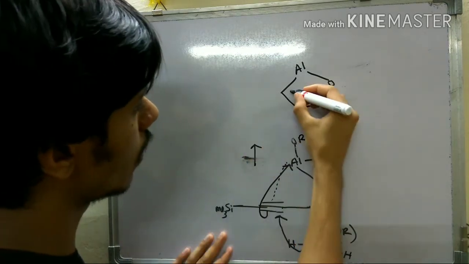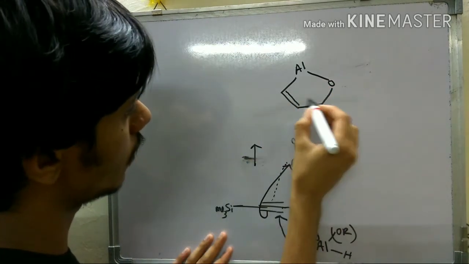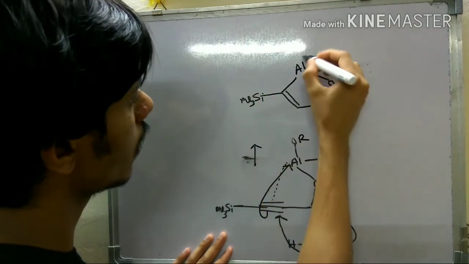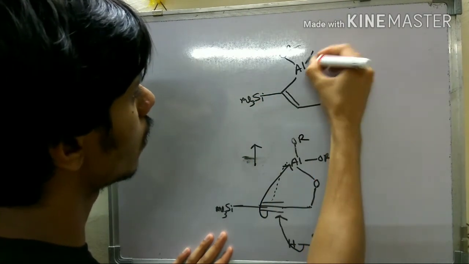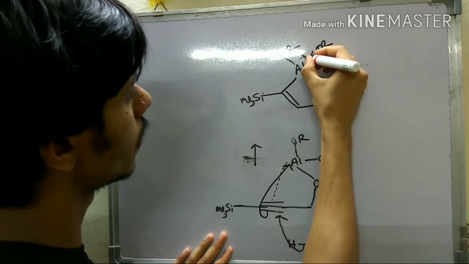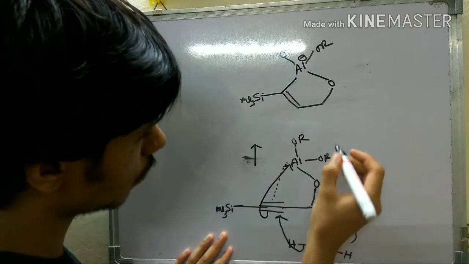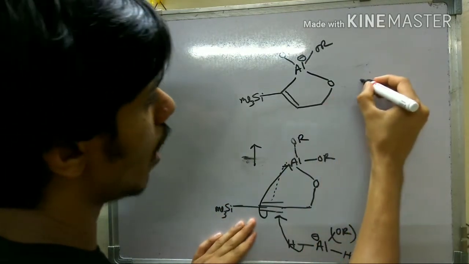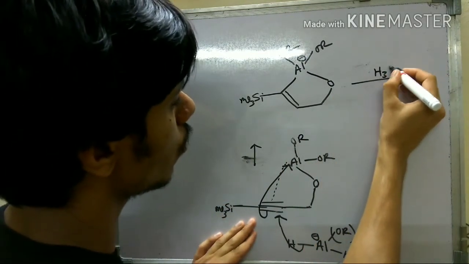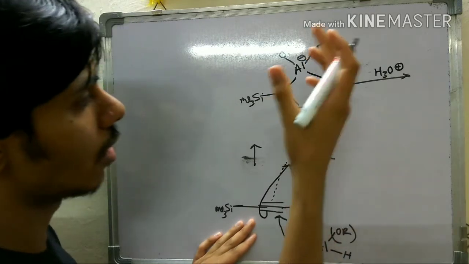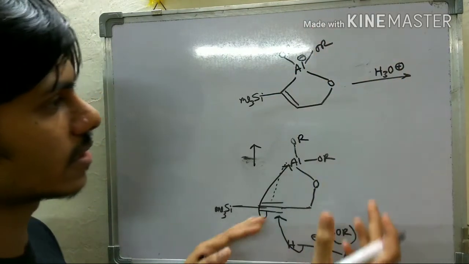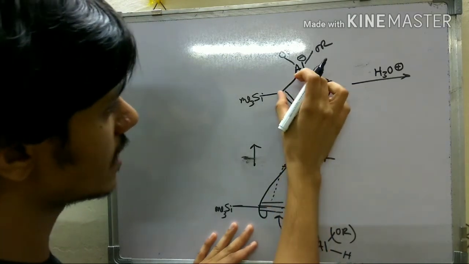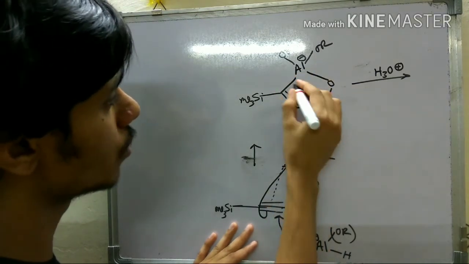Here you have this SiMe3 group, and here you have the OR group. Here you have a negative charge. Now you can see this particular intermediate you are getting. After that, when you quench this intermediate with an acid source, that is H+/H2O, this Al-C bond will be protonated.